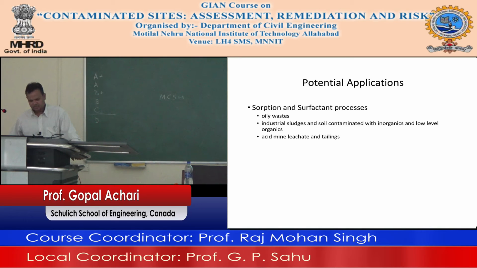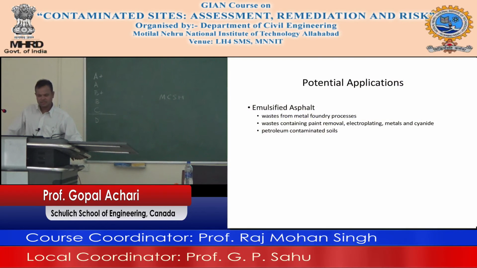Emulsified asphalt can be used for waste from metal foundry processes, paint removal, electroplating waste, metals, cyanides, and so on. Petroleum bituminization is for low and medium radioactive waste. Compare this to the previous one: with bituminization we are talking about low to medium radioactive waste. So this is, for lack of a better phrase, a harder-hitting technology.